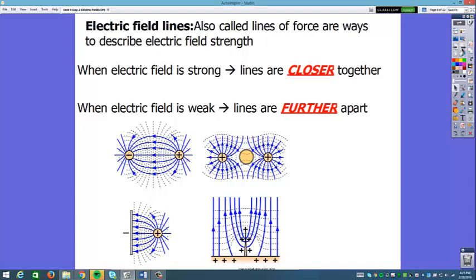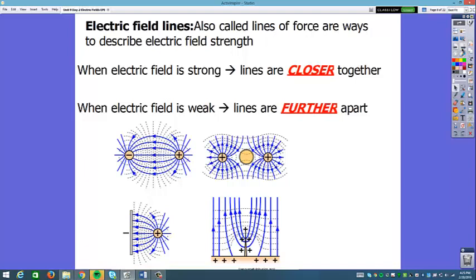Your electric field lines, we kind of talked about them a little bit earlier. Looking at drawing those field lines, remember positive particle, it always goes away. Negative, it always goes towards. We mentioned earlier about the force, that wherever the field is the strongest, the force is the largest.